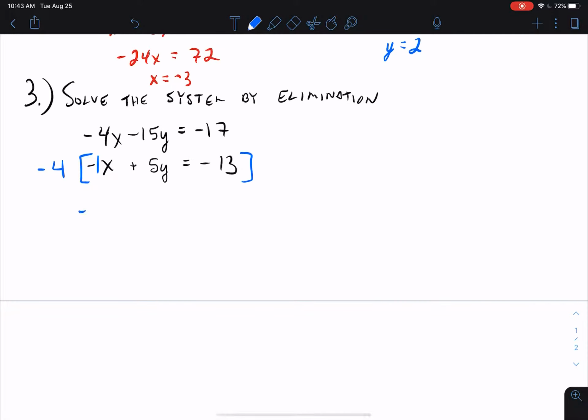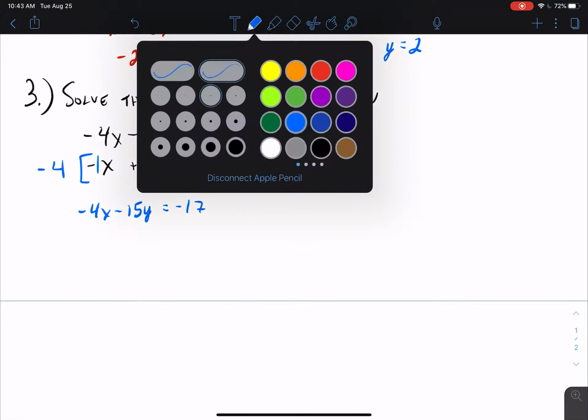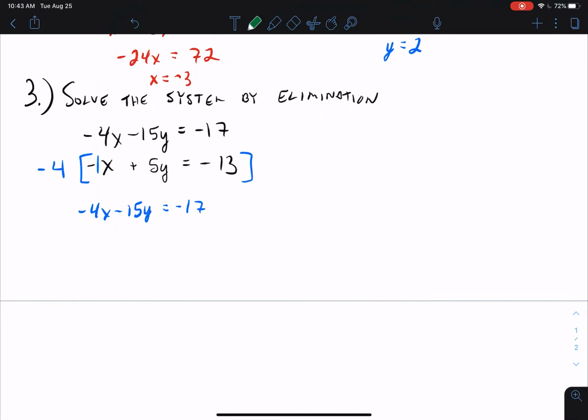So the top equation stays just as it is. I'm not modifying that one. And the bottom equation, after I distribute that -4, is going to become 4x minus 20y equals +52.